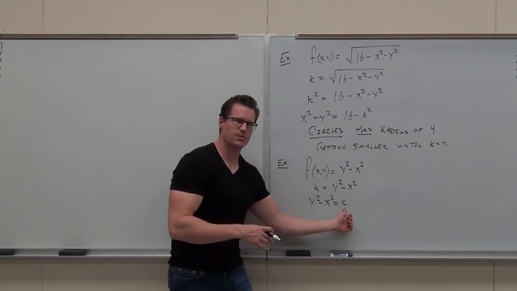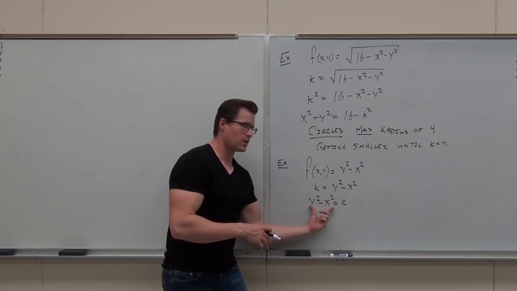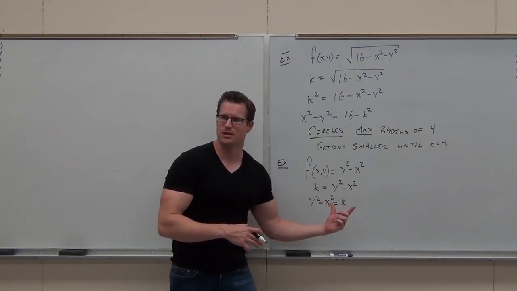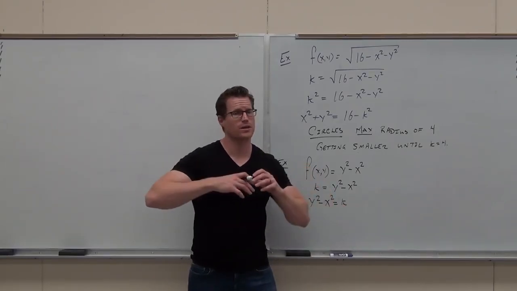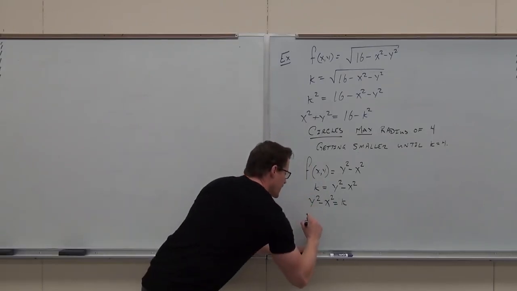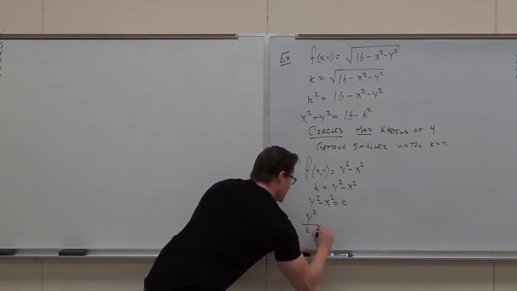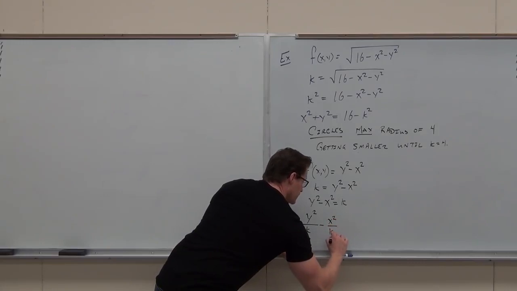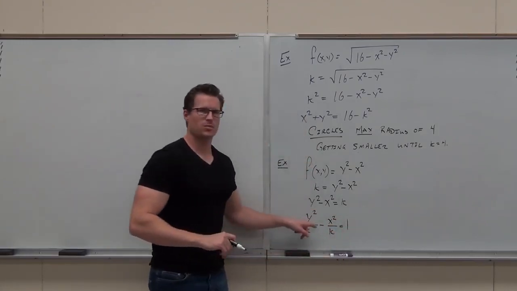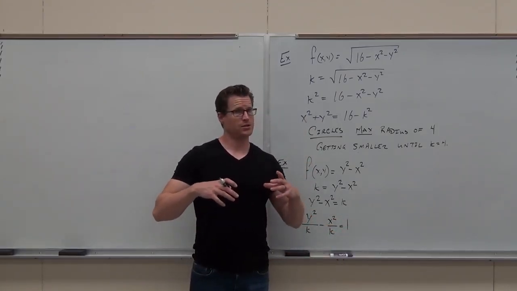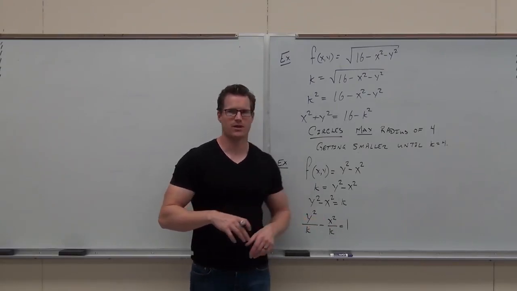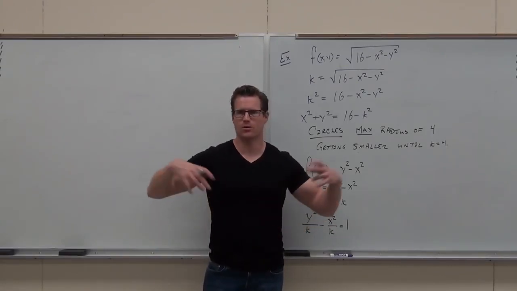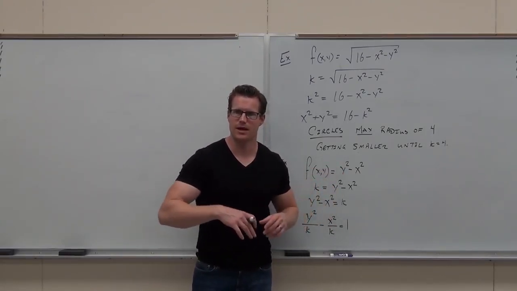If I start plugging in numbers, I go, wow, that looks a lot like hyperbolas. Do you guys see it? Hyperbolas along the y-axis or the x-axis. If I divide it by k, it's even more clear. These are hyperbolas. They're either along the x or the y, depending on the value of k. For positive k, they're along the y. For negative k, they're along the x.